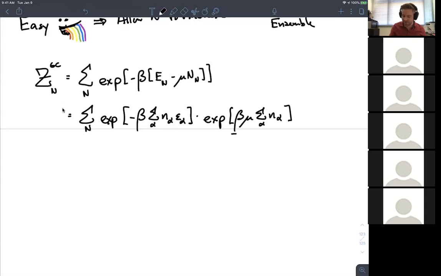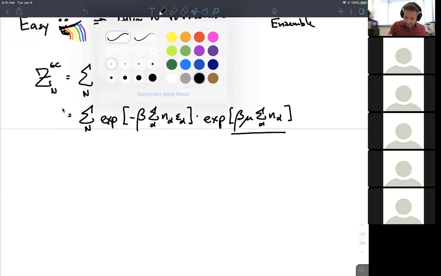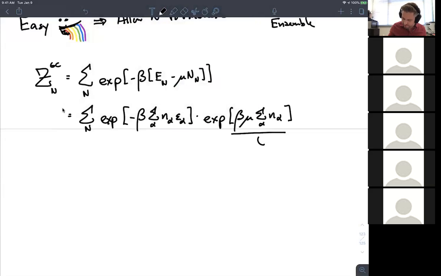Okay, so in these we have to sum over the occupation numbers of every energy level in our system. And this other sum is the sum over energy levels here and here.